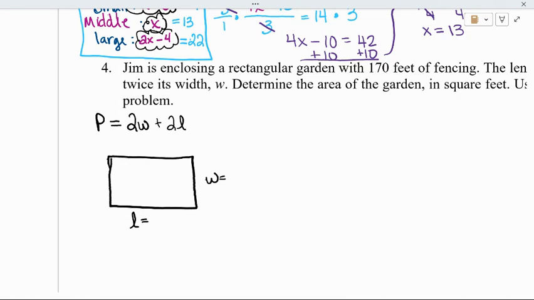So how much is the perimeter? Does it tell us what the total perimeter is? P equals 170. So I'm going to write that. P equals 170 feet. Does it tell us anything else about the dimensions? Go ahead.